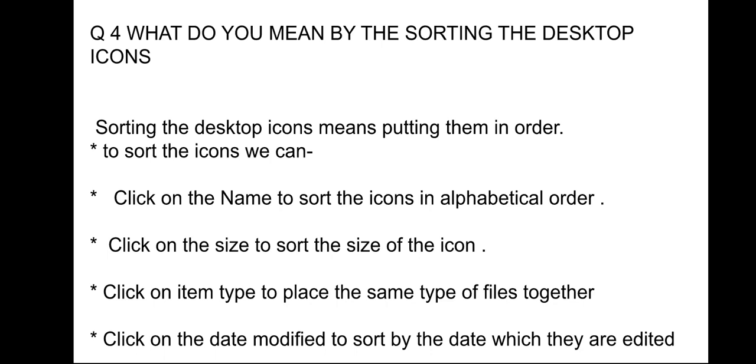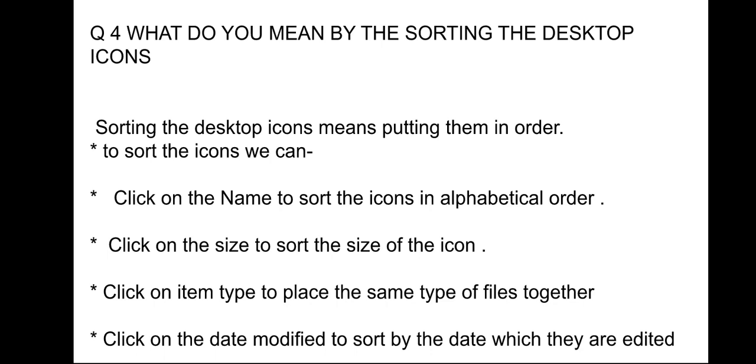So what we have to do is arrange it in a manner, like alphabetically or name wise, date wise, file type wise, or date of modification wise. See what all the options are there to arrange.